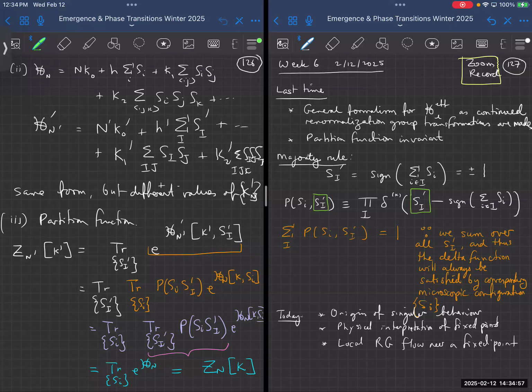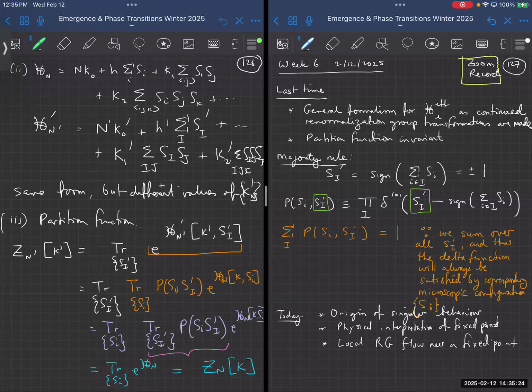So what we saw was that as I changed the scale continuously, or through a sequence of coarse graining transformations, the system will flow in the coupling constant space. So what you do is you start off with your Hamiltonian, you write down all possible terms that are consistent with the symmetry of the problem. So in the language that we were using, all the possible local operators that you can construct from your underlying degrees of freedom, and then multiplied by a coefficient which we call the coupling constant.